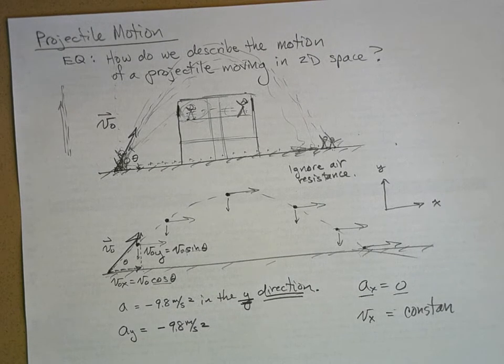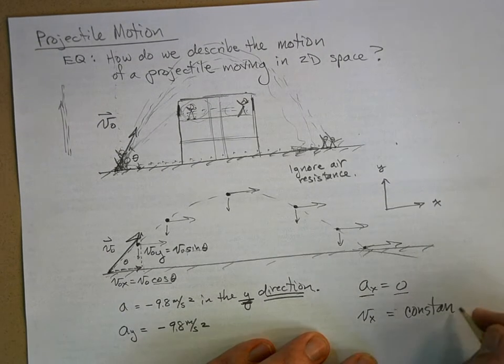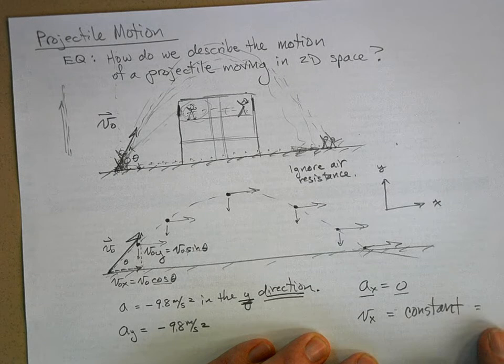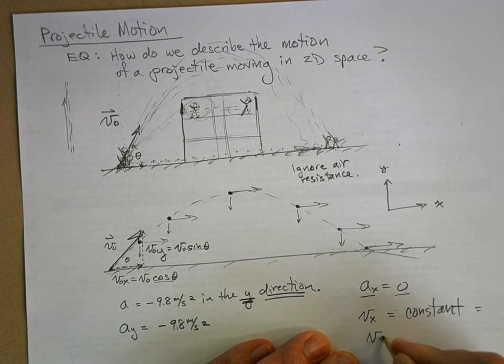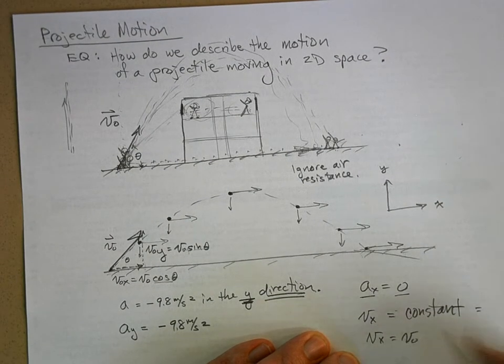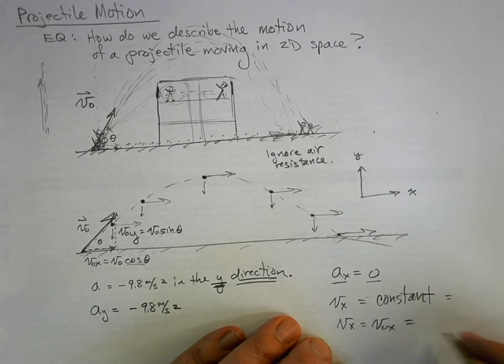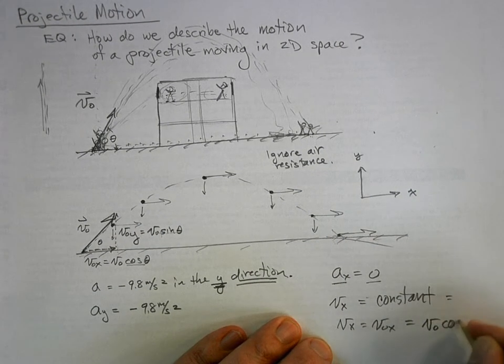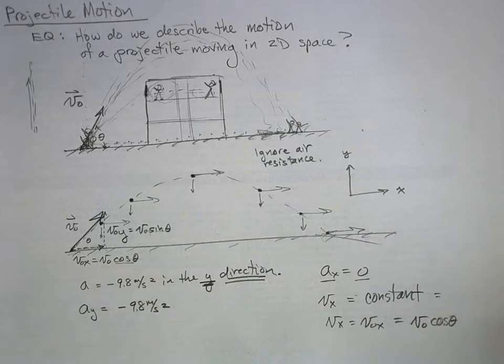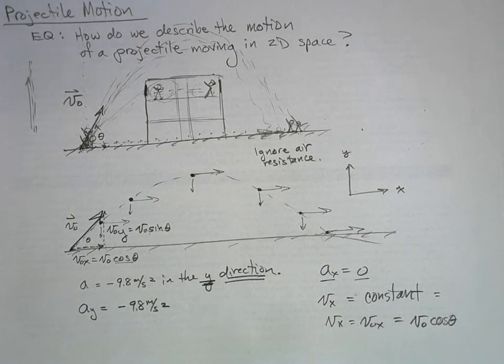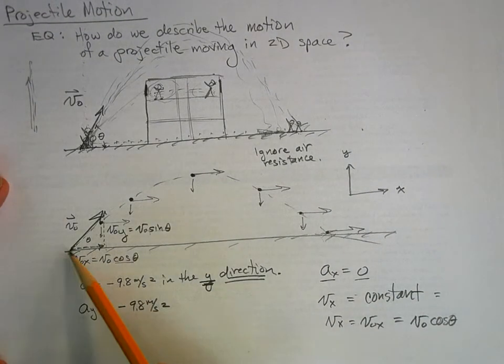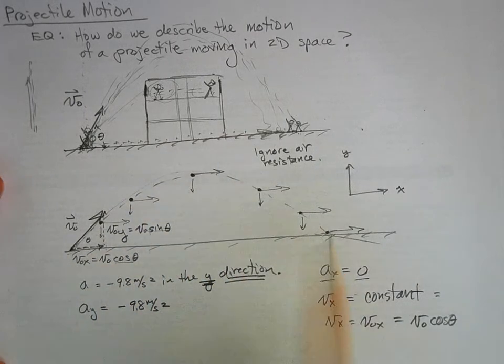It is, in fact, v naught x, and v naught x is v naught cosine theta. So the velocity in the x direction is a constant from the time it leaves the slingshot until just before it hits the ground.